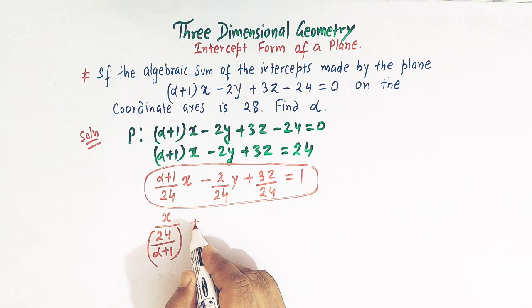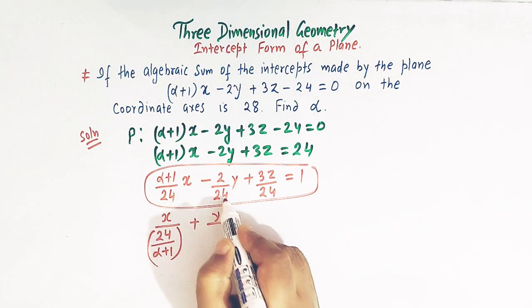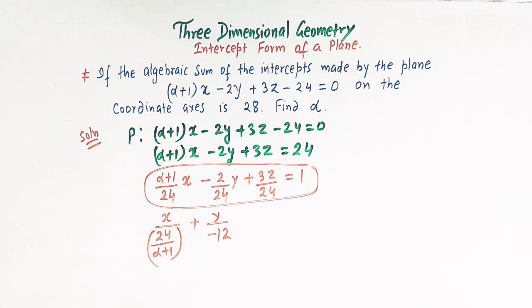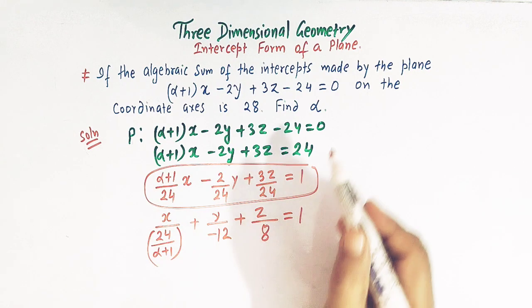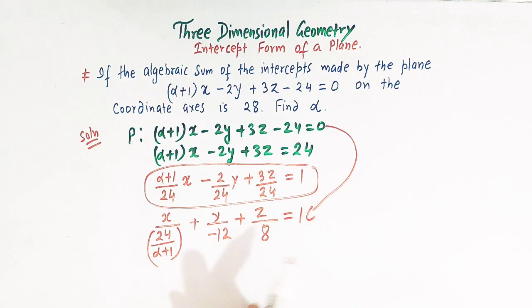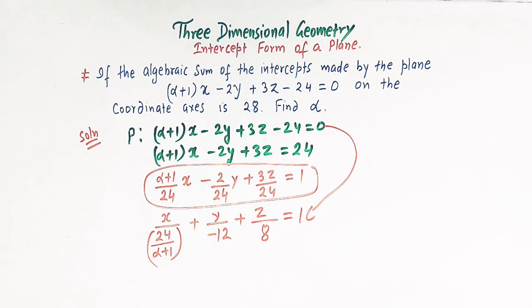And here we can take a positive sign and cancel out this 24 by 2, and here we can write minus 12, that is 2 12s are 24, and here we have z over 8, since 3 8s are 24, equal to 1. So the purpose of expressing this equation in this form is to express it in the intercept form of the plane.